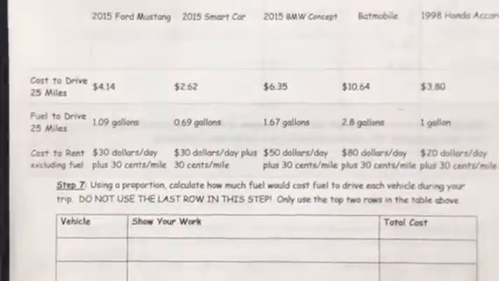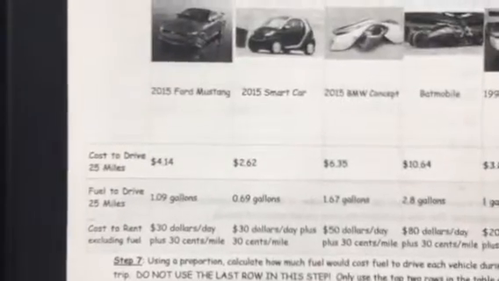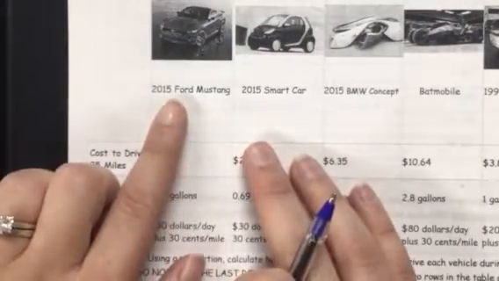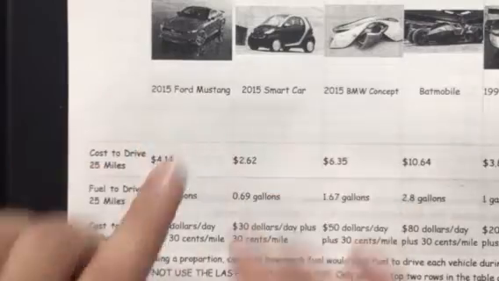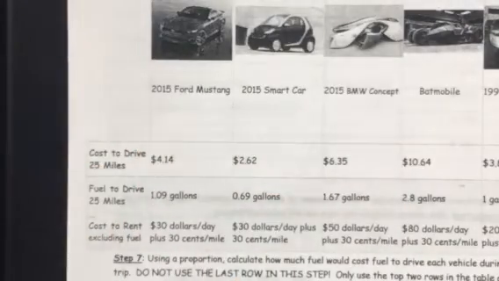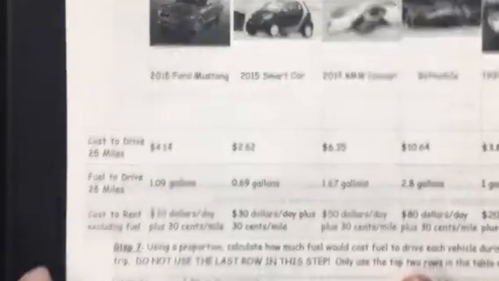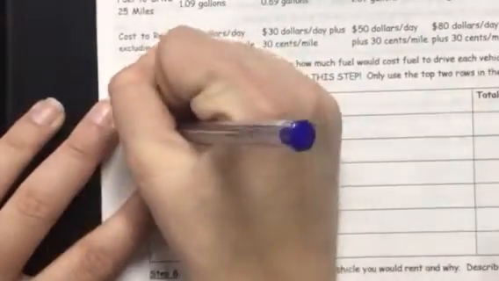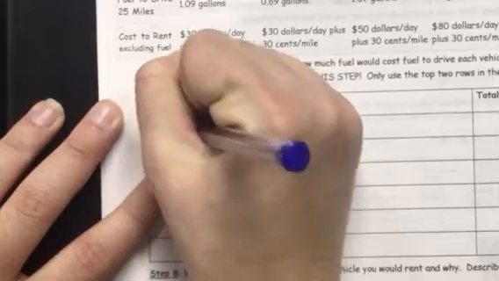We are going to set up a proportion just like we have on every other step. So I'm going to show you what the proportion would look like for the 2015 Ford Mustang as an example. All right? So down here, we're going to say Ford Mustang.